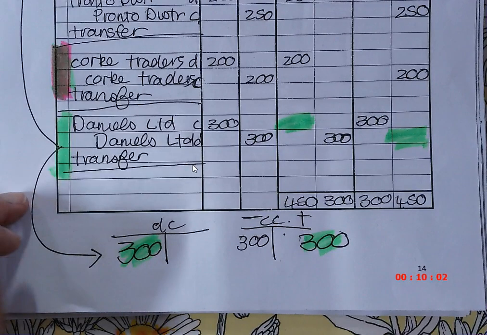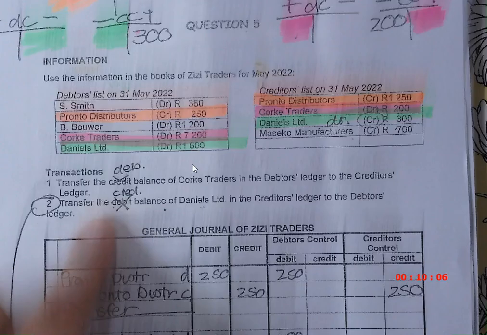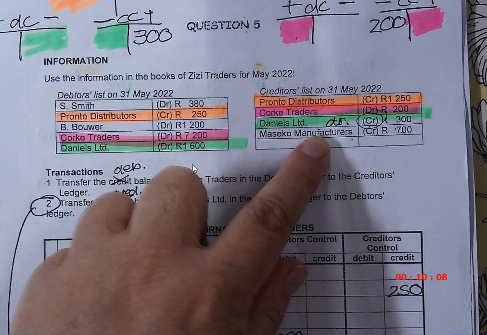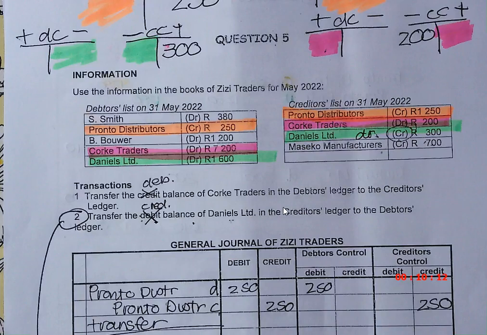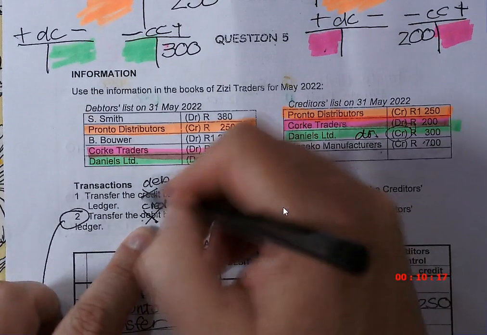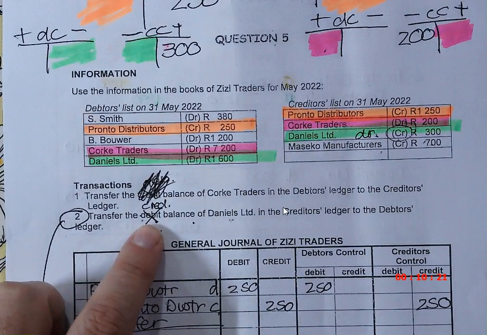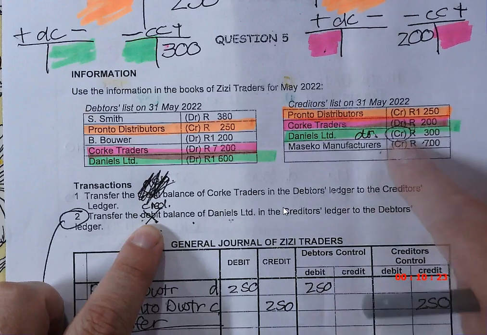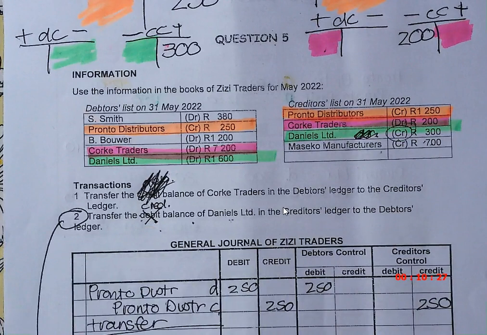I think most of you didn't read this and you just went according to this. So then the first way I did it was right. Just change in your books that this is credit, like it says there. It's not debit. Otherwise we keep doing the same thing.